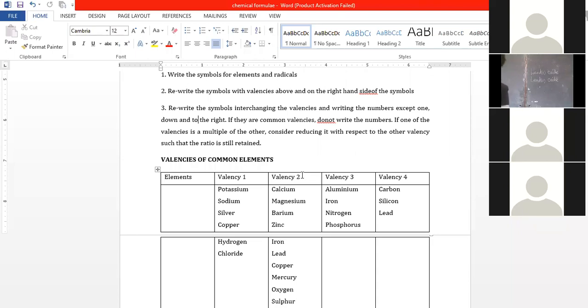The same applies to iron. So I can have iron 2 chloride and iron 3 chloride. So that is how we differentiate the valence used.